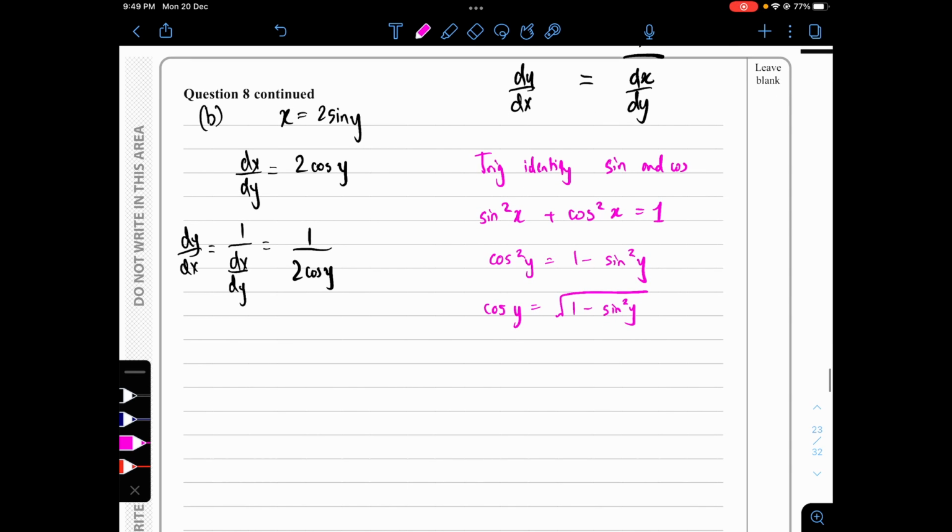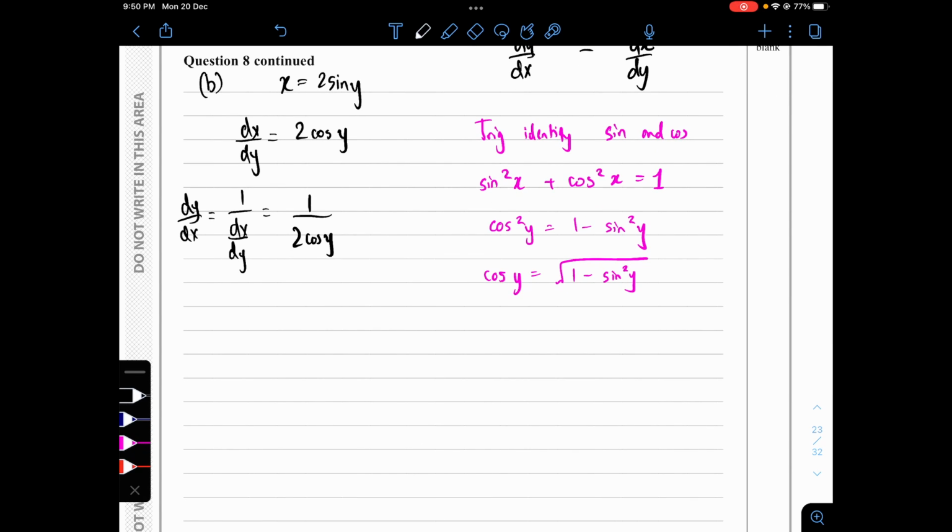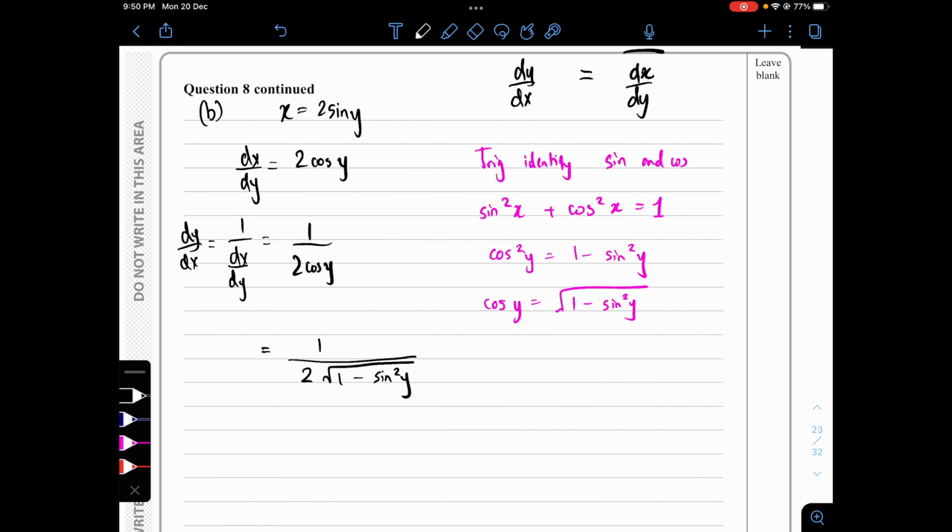So we can now substitute this back into here. That will be 1 over 2 square root 1 minus sine squared y. Now we know from the initial question that x equals 2 sin y, so x over 2 equals sine y.